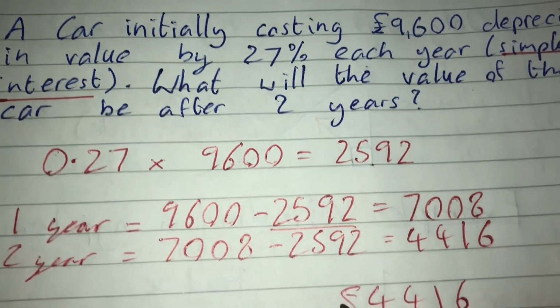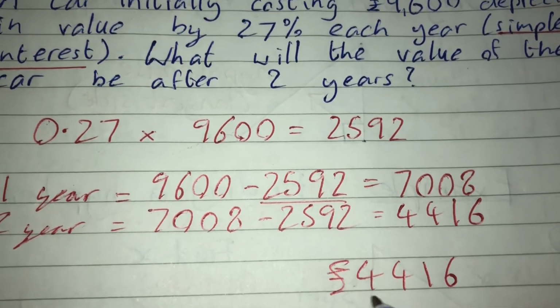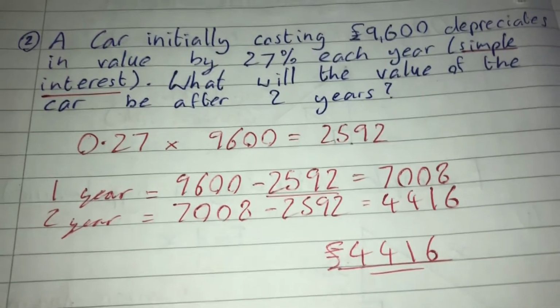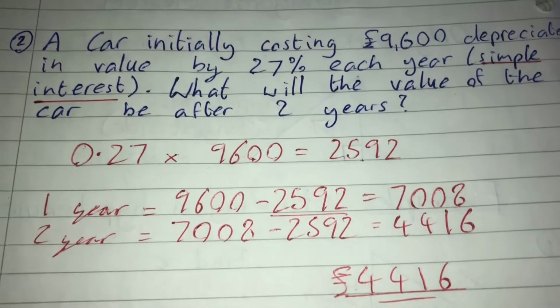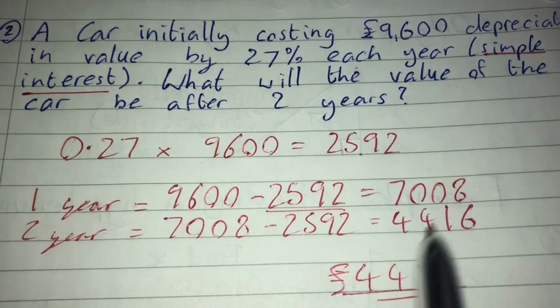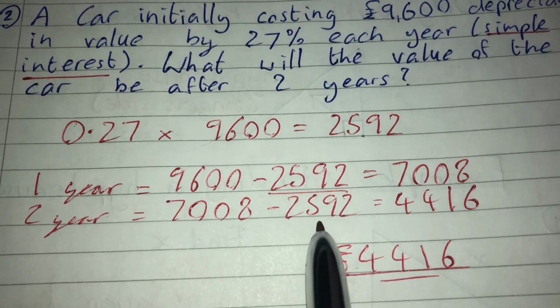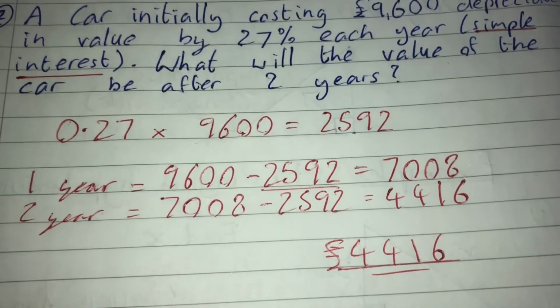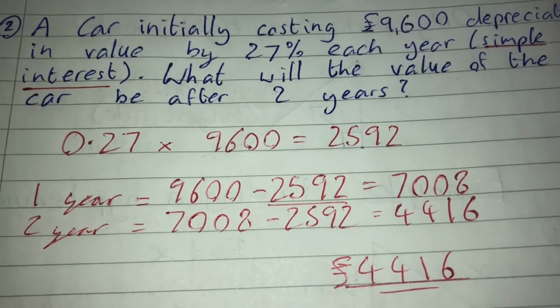Now again, that's very much a hypothetical question that is unlikely to happen for the example we've used. It would normally be compound interest for the depreciation of a car, because if you were to continue to take that amount away each year, eventually the car would be worth less than zero, which wouldn't happen. It would always have some sort of value to it.